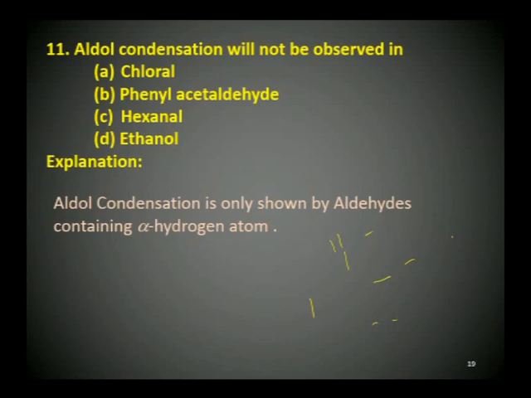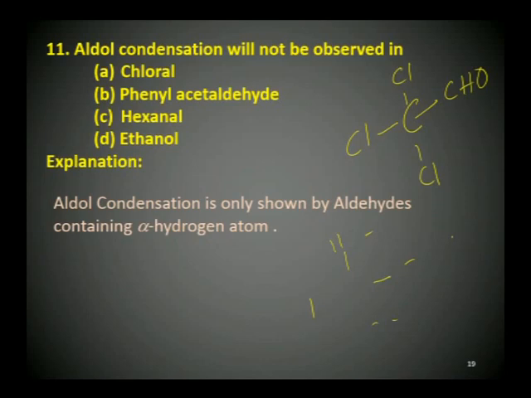And A, chloral. Chloral means a carbon atom is having 3 chlorine atoms bonded, and that carbon atom is also having the aldehydic functional group. This is called chloral. So, chloral is not having alpha hydrogen.